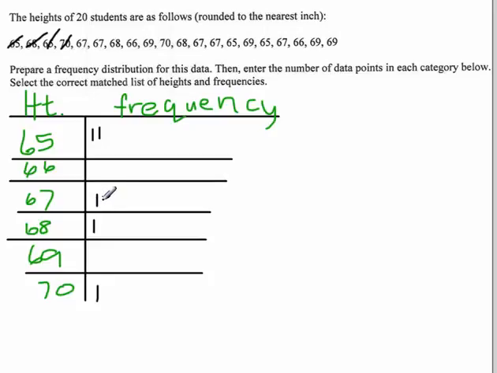2 67s, a 68, 66, 69, 70, so on and so forth.